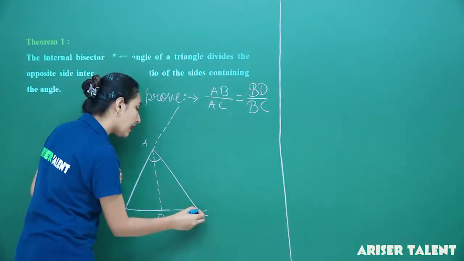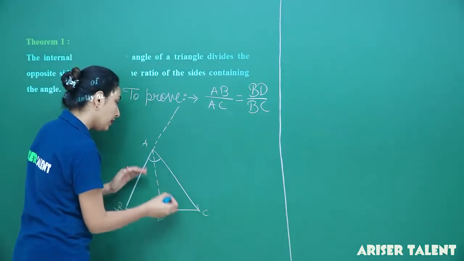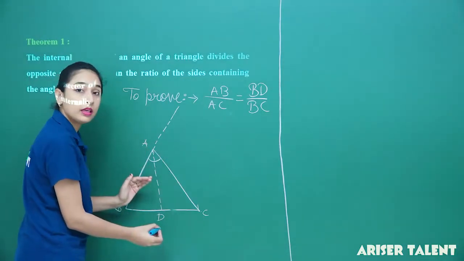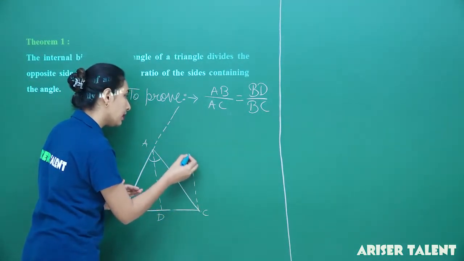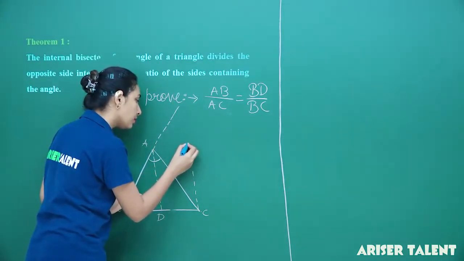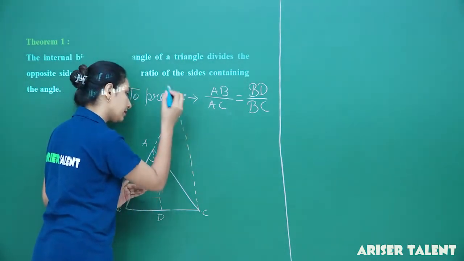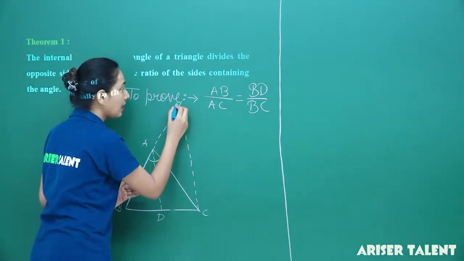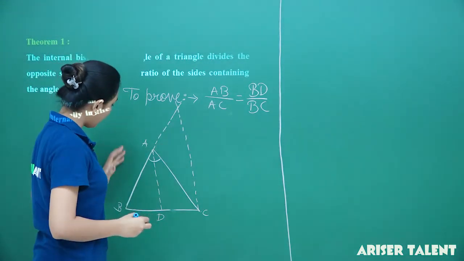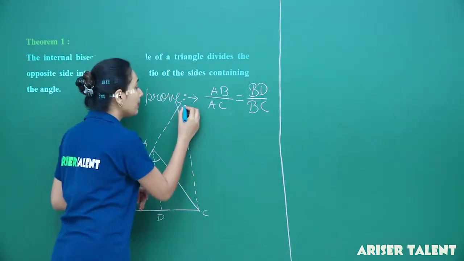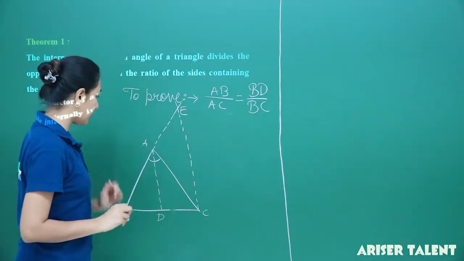Make a parallel line from C which is parallel to AD. Now, it will definitely meet this extension somewhere. Let us mark the intersection of these two lines. As we are having A, B, C, D, we will go with E. So, that is E.